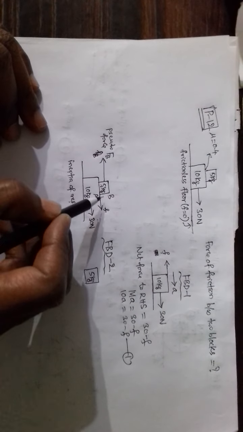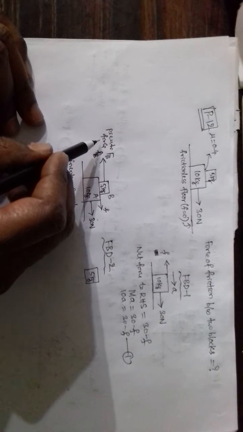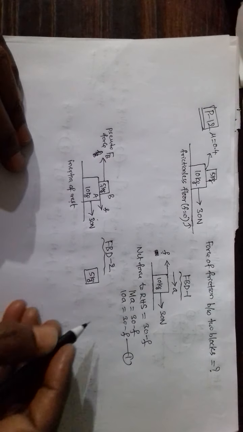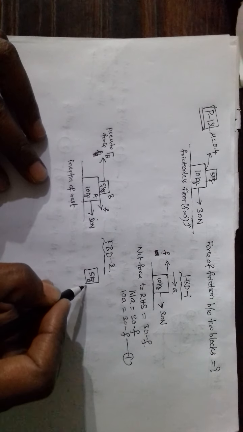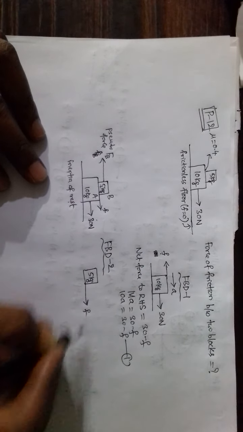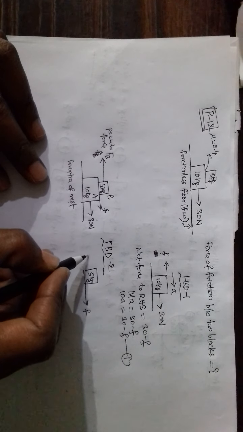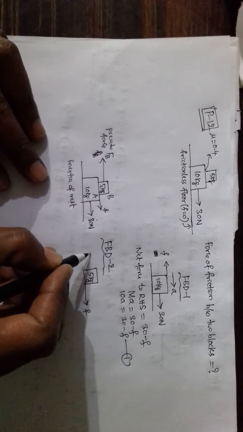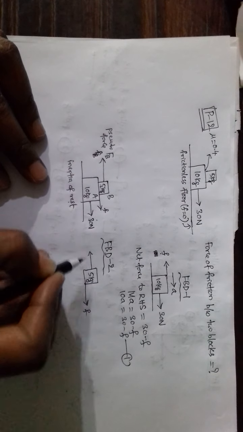If the pseudo force works to the left hand side, in the opposite direction frictional force works. So now on 5 kg, what forces are working? In this direction frictional force, and in this direction FB.